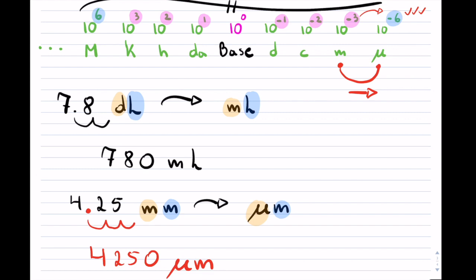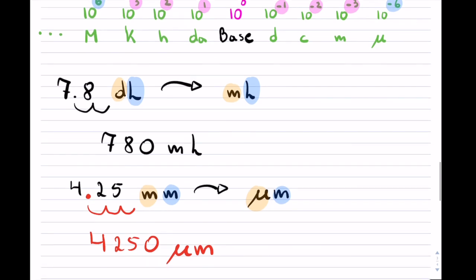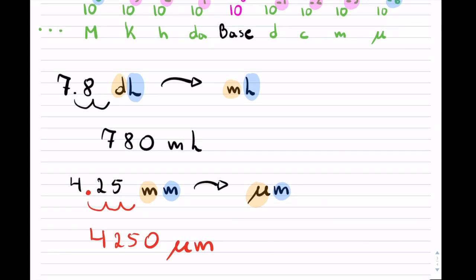All right, so that concludes how we convert between prefixes. There are a couple of instances which I want to point out to you, and that is when you are converting, for example, volumes or areas.